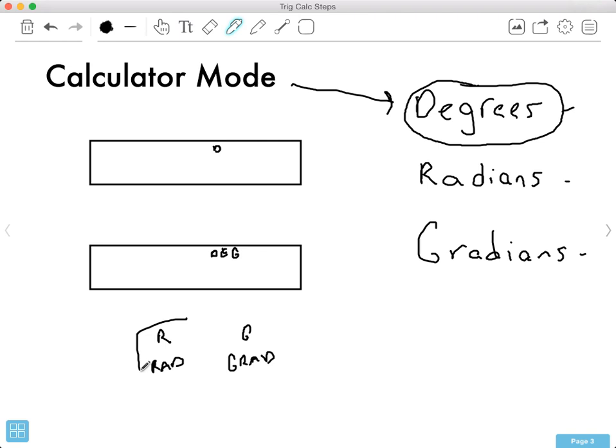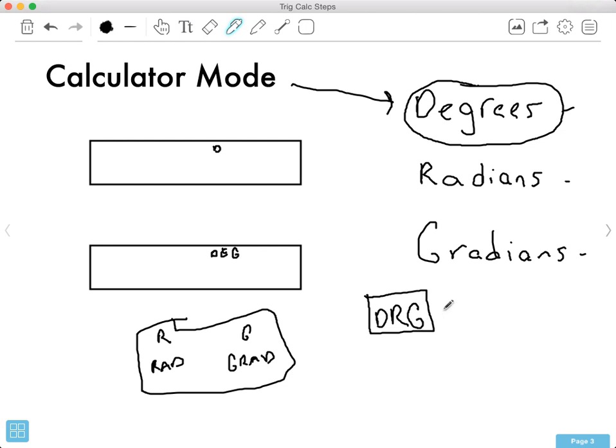If you see one of these, your calculator is in the wrong mode to work with degrees. In order to fix it, look for a button that has the letters D, R, G on it. That stands for degrees, radians, and gradients. Just keep clicking that button until you see a D or a DEG on your calculator screen, and then you know you're in the right mode to continue.